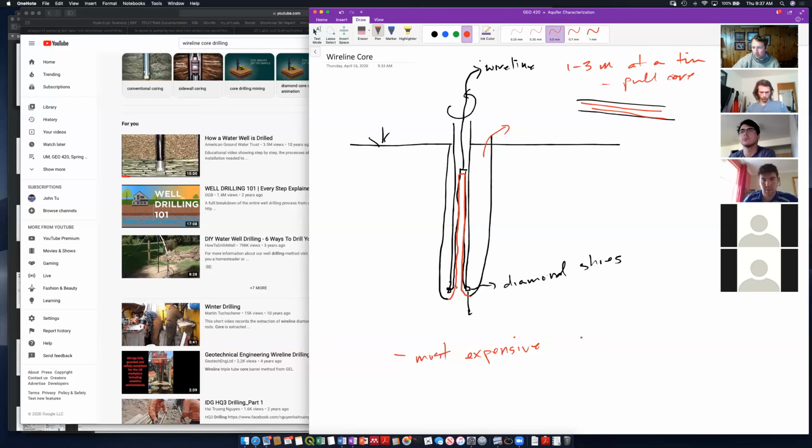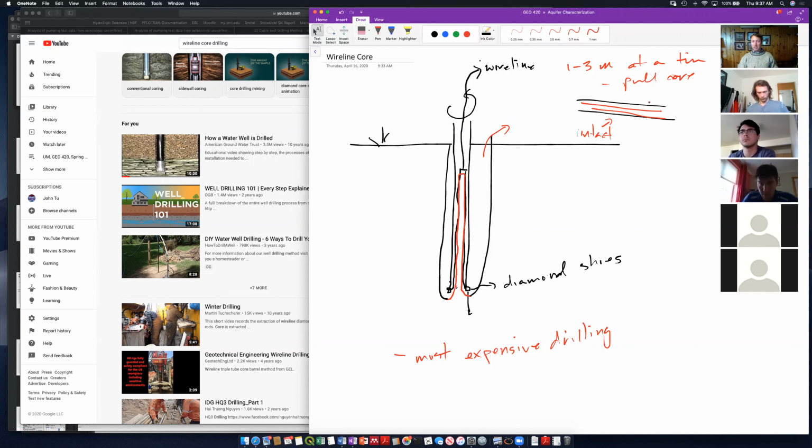Drilling method. All right, it requires this wireline, a lot of working parts. You advance slowly when you're coring, but the benefit is you get intact core and you can pull this out and you can do all kinds of stuff with it.